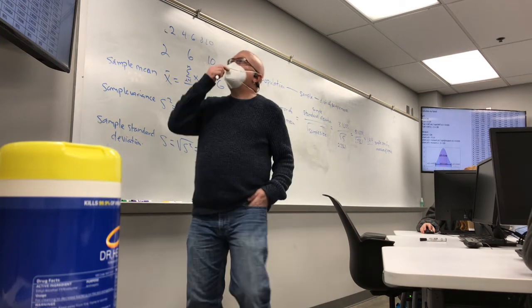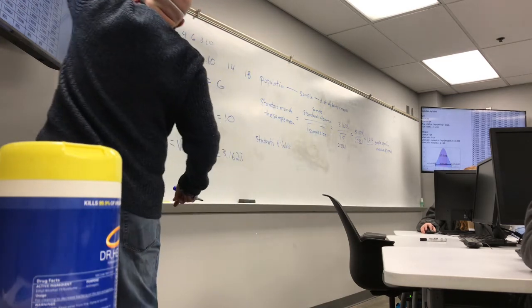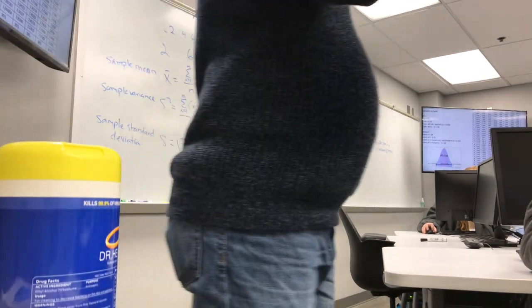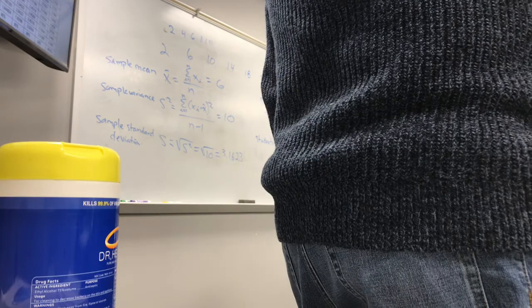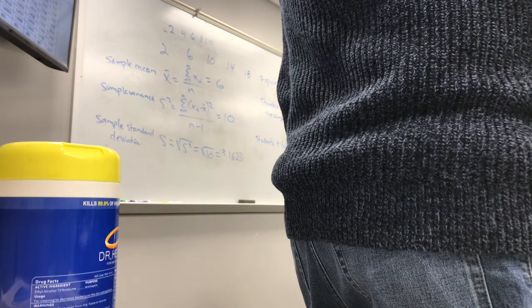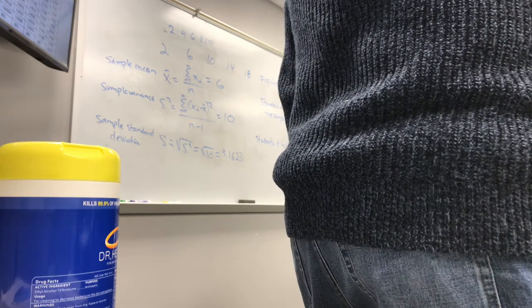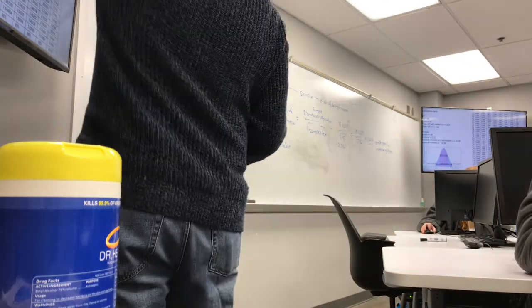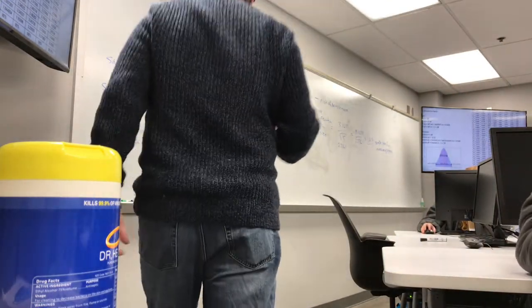But what it basically says is, at the top here, it asks you, how confident do you want to be in your measure of including the population mean in this estimate? And so that's a level of alpha at the top.